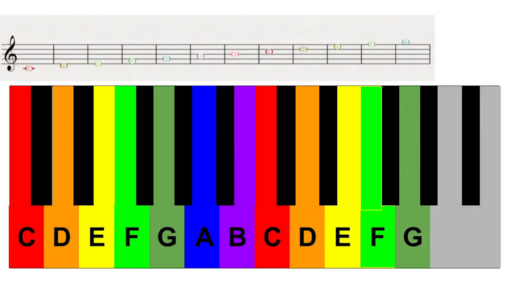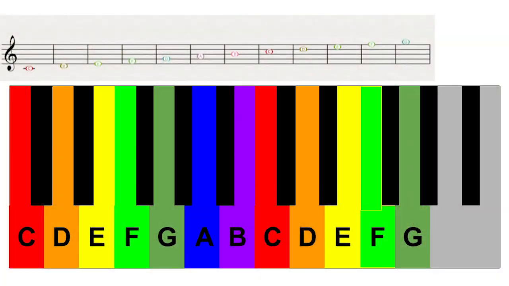So we have C, D, E, F, G, then we go back to A, B, C, D, E, F, G. So you'll notice that we start really on A of the alphabet, we go up to G, and then it keeps going on and on and on. As long as you know your alphabet from A to G, you're absolutely fine.